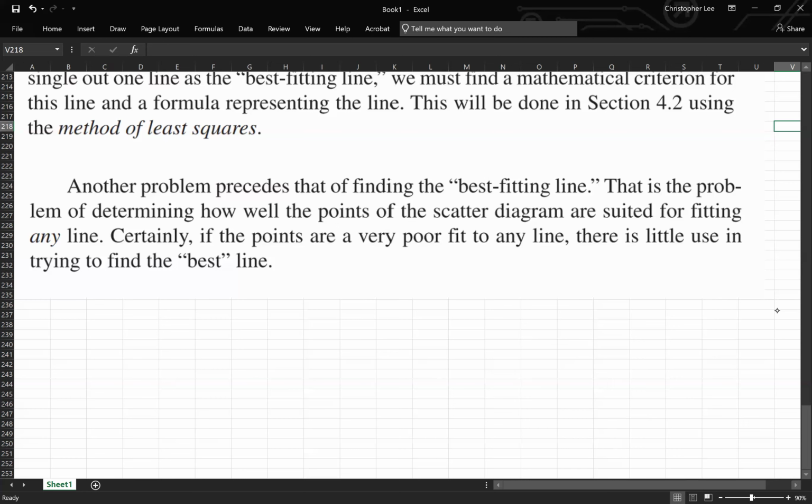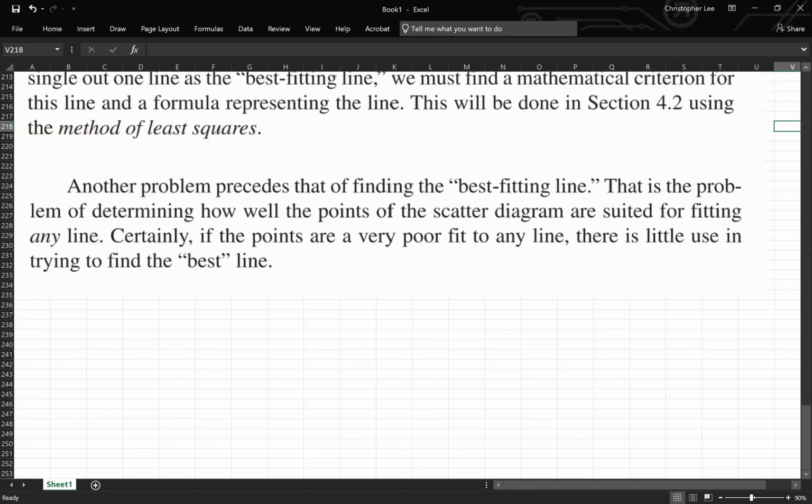Sorry, look. Another problem precedes that of finding the best fitting line. This is the problem of determining how well the points of the scatter diagram are suited for fitting any line, right? Certainly, if the points are a very poor fit of any line, there's little use in trying to find the best line. So it doesn't matter, basically.